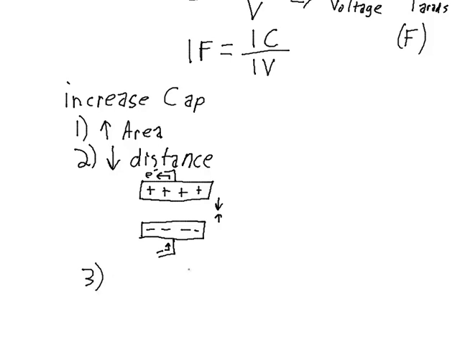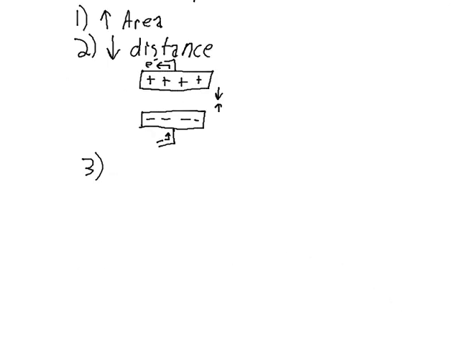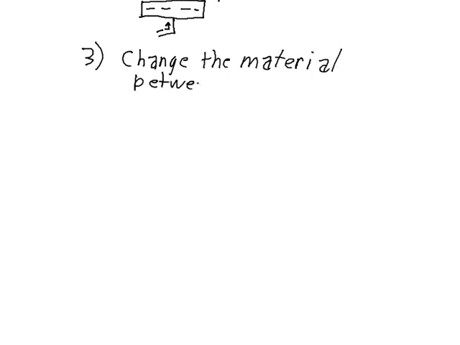Now the third way to increase the capacitance is even more subtle, and it's probably a concept you haven't seen before. That's to change the substance, the material that's between the plates. I say between the plates, but it really could be between any two adjacent conductors that have a voltage difference between them.